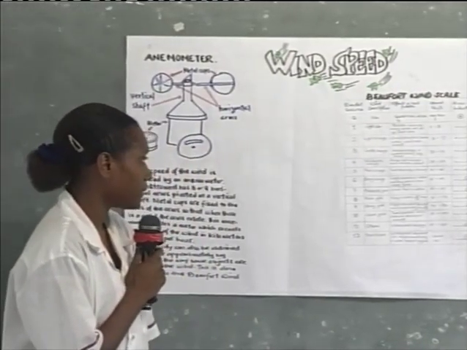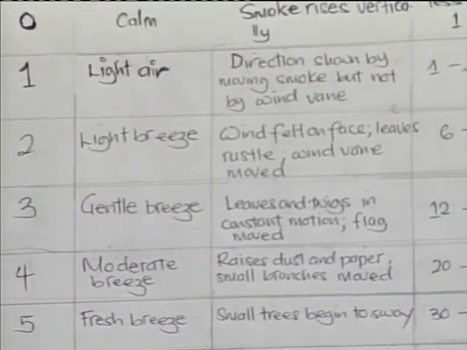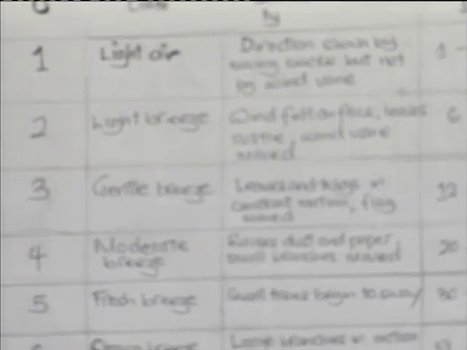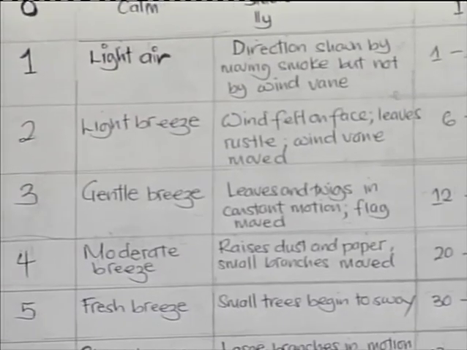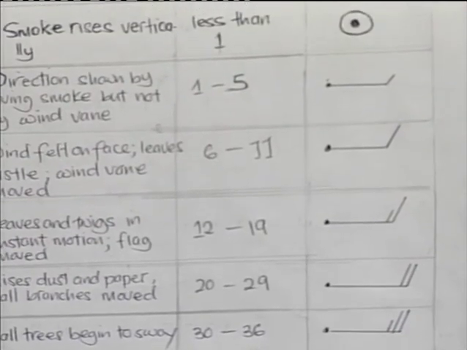Number 2, we have light breeze: wind felt on the face, leaves rattle, or wind vane moved. 6 to 11 kilometers per hour, and it's represented by a full arrow indication.